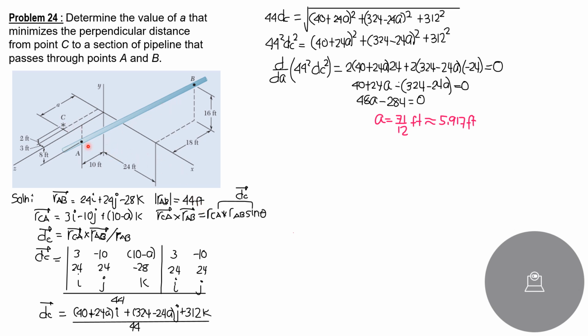CA, on the other hand, should be from the moment center C to any point on the line of action of the force. Remember the principle. So any point on line AB.